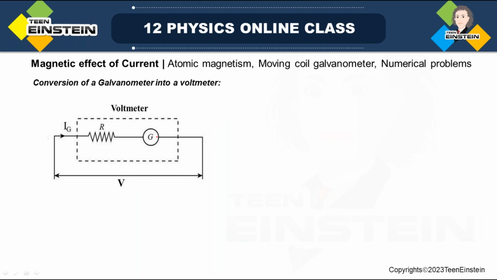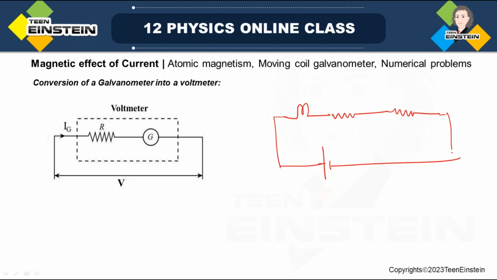Actually, as I was saying, a voltmeter is a measuring device for measuring potential difference. Say I have a circuit with a battery here.